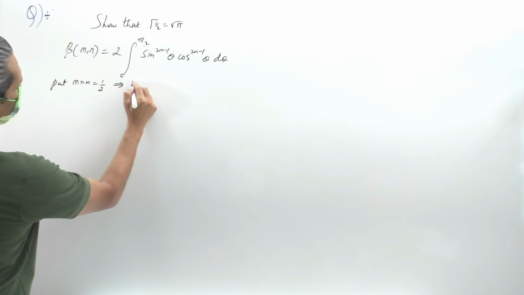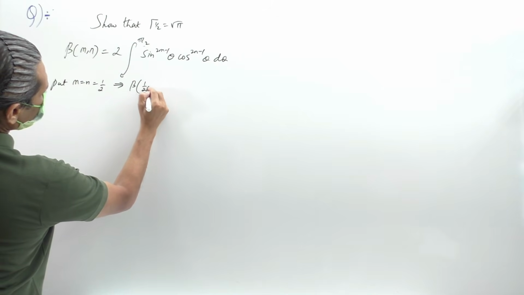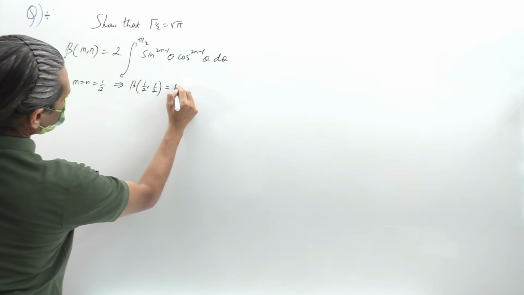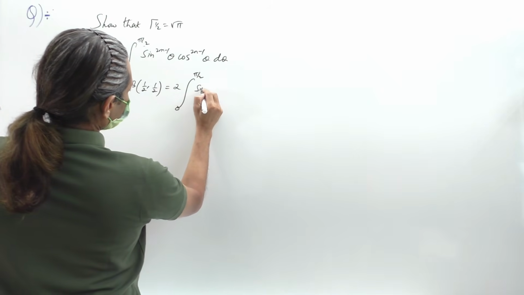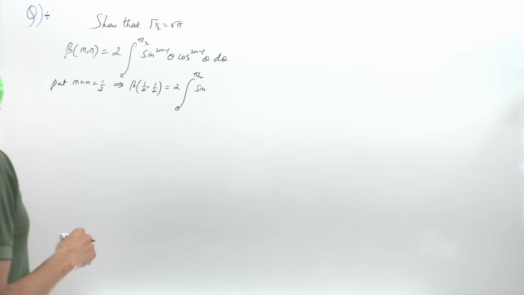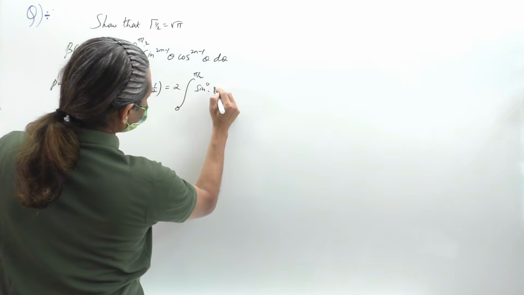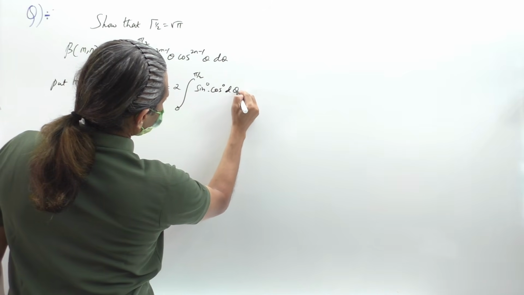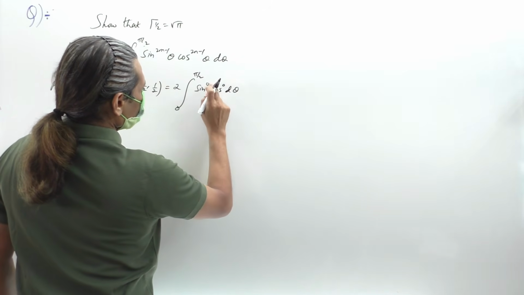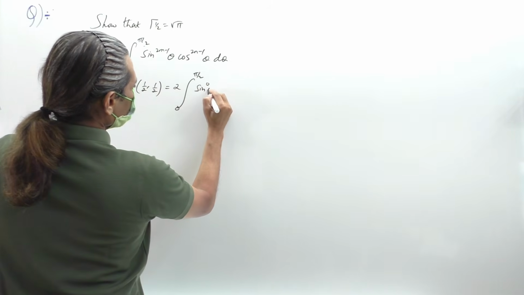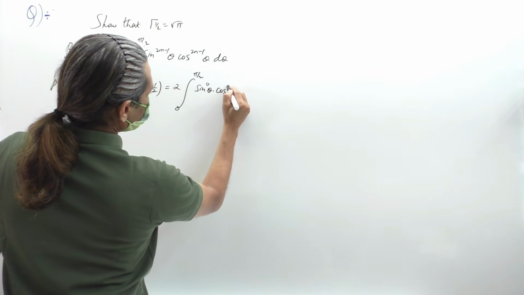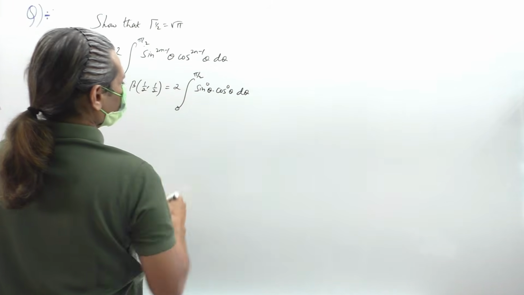That implies beta 1 by 2 comma 1 by 2 is equal to 2 times the integral from 0 to pi by 2 of sine raised to 0 theta into cos raised to 0 theta d theta.